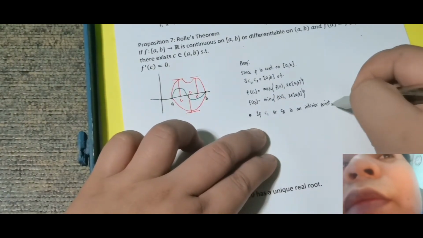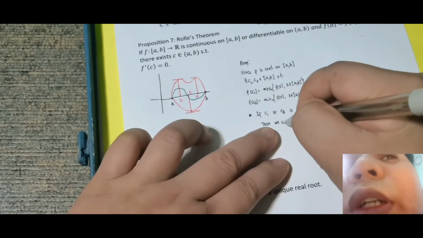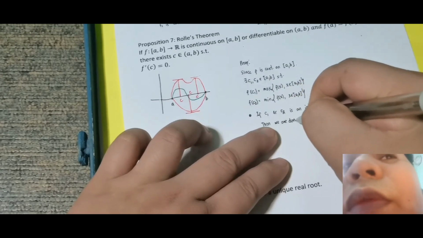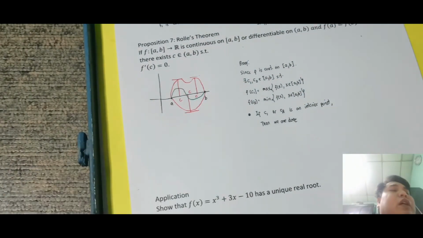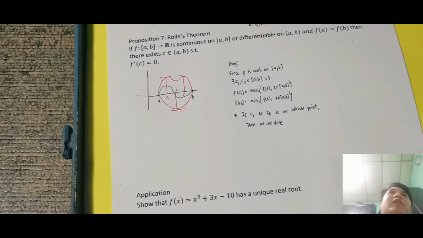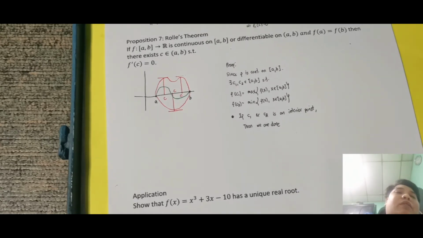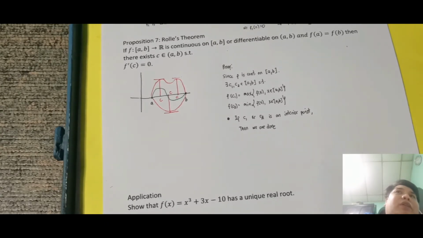Okay, then we are done. Kasi nasa loob lang siya. Kung kaming dalawa is interior, therefore nasa loob kami ng function. So therefore kumbaga trivial siya, yung f prime of c ko is equal to 0.